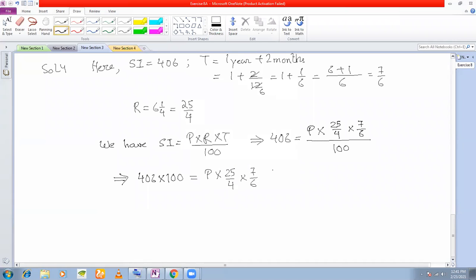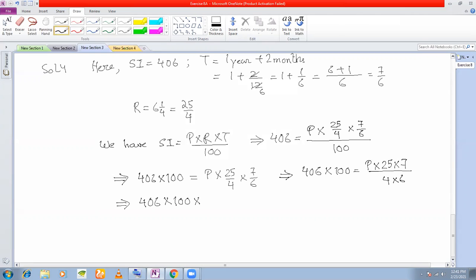Okay. So now does anything cancel? It does not look like anything cancels. So what you do here is write this as 406 into 100 is equal to P into 25 into 7 divided by 4 into 6. Now again you cross multiply. You will get 406 into 100 into 4 into 6 is equal to P into 25 into 7.